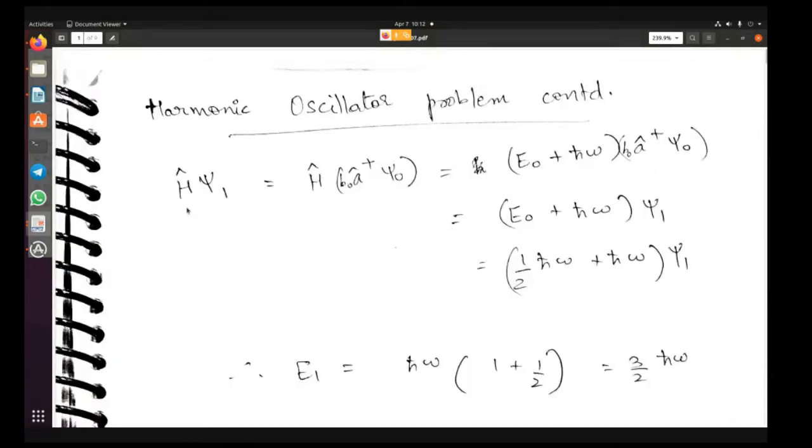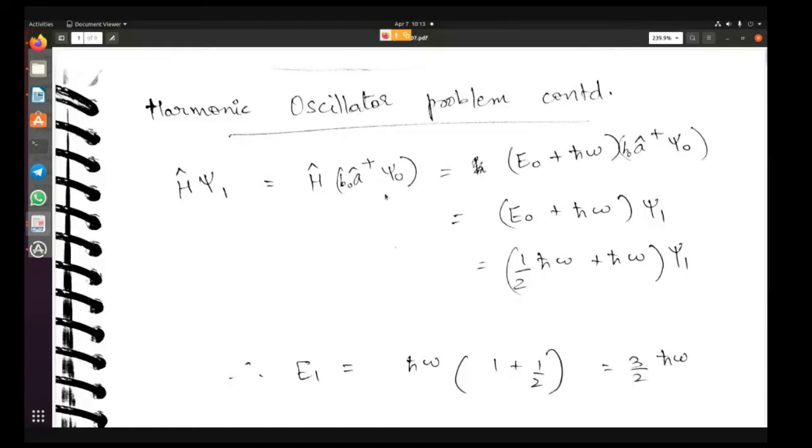So if you apply the Hamiltonian on psi 1, you can write psi 1 in terms of the raising operator. There will be some normalization constant, which I'm taking as B0. So the normalization constant, the raising operator and psi 0, that is the same as writing psi 1, because what A dagger does is raise the energy level by H cross omega, which means it goes to the next eigenstate.